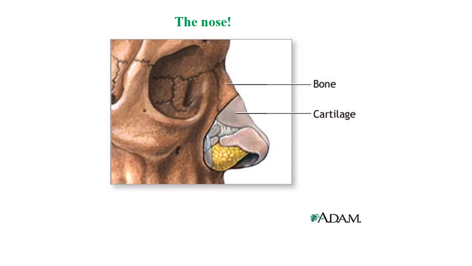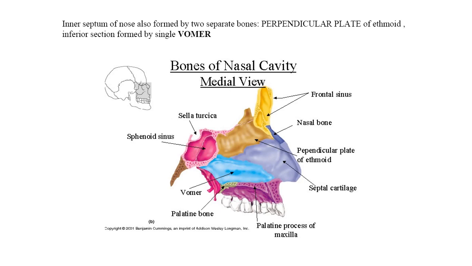So here, the nose. Let's see a bit more about the nose. We know we have a bone section and then you have a cartilage section. So what is interesting about the nose, right? We have here this sagittal section that is showing the bones that are coming together here that make part of this perpendicular section of the nose, okay?